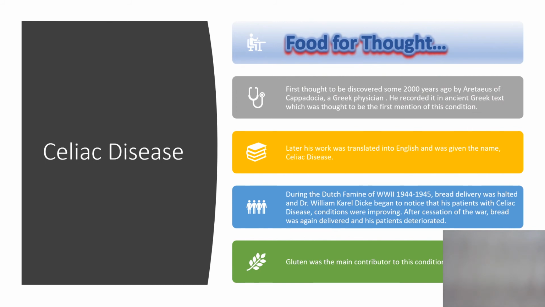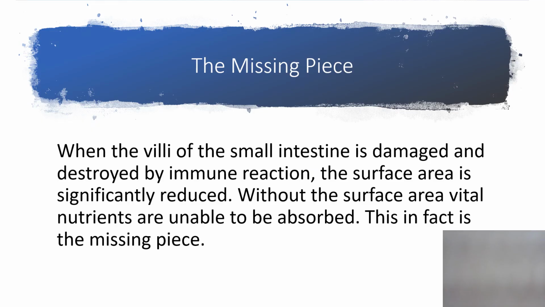Just a little bit of food for thought, a little bit of history of how celiac disease came into play, and when gluten was discovered to be the main contributor after these doctors were noticing worsening conditions, diarrhea and malnourishment. And so the missing piece is the surface area.